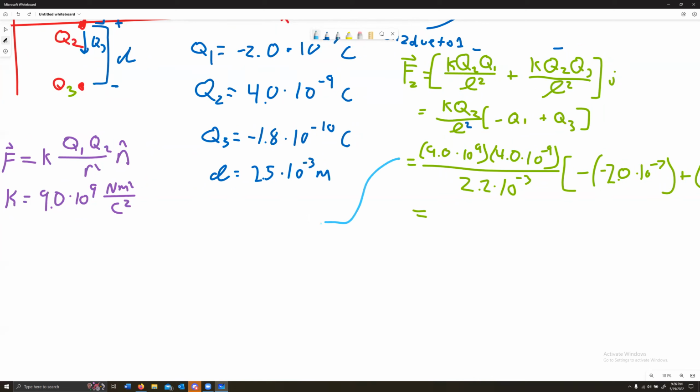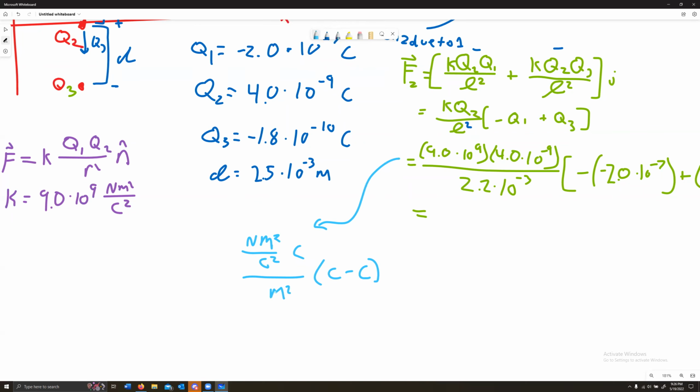So we're going to take this equation. I'm just going to write the units for it, because this becomes Newtons times meters squared over Coulomb squared, times a charge over the distance down here, which is meters squared. And this is all times a charge minus a charge, which we can just treat as a charge, right?